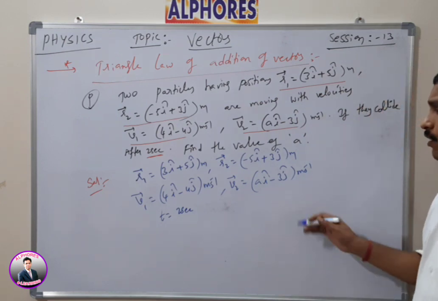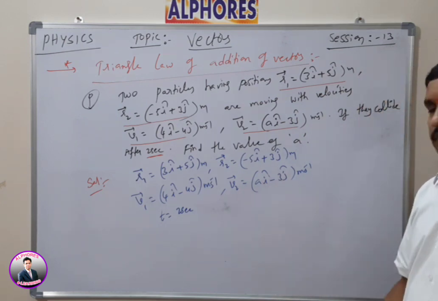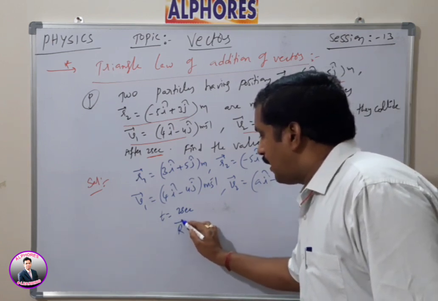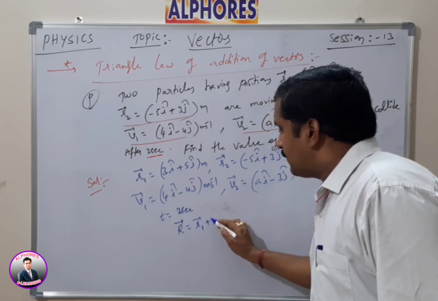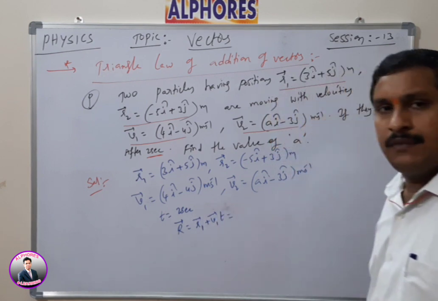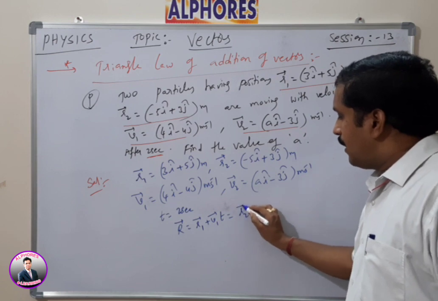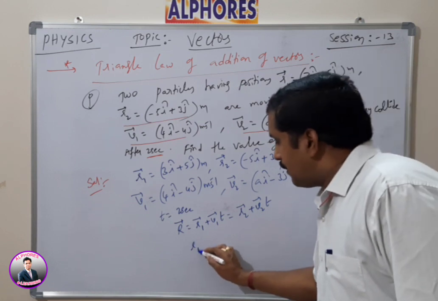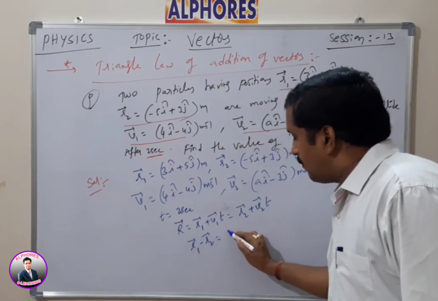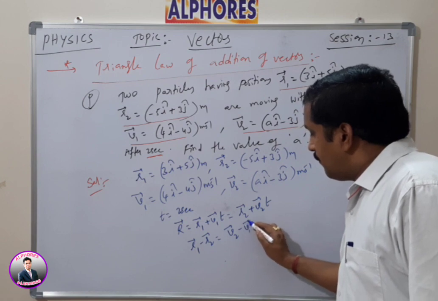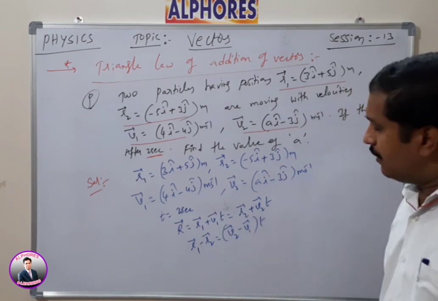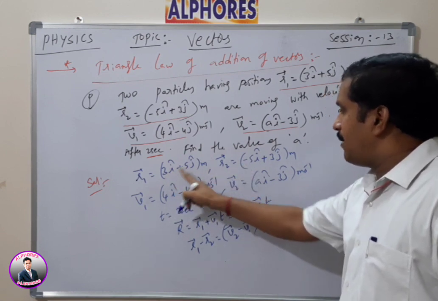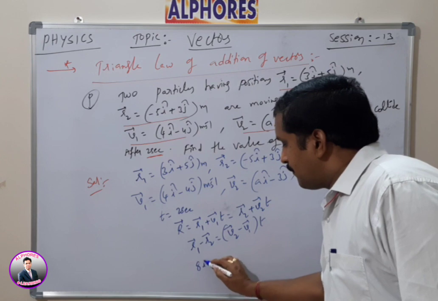Now, in order to find the value of a, this is very simple. What is the condition for collision? R bar is equal to R1 bar plus V1 bar into T, total displacement, is equal to R2 bar plus V2 bar into time T. Now it can be written as R1 bar minus R2 bar is equal to V2 bar minus V1 bar into time T. Now R1 minus R2 means 3i cap minus of minus 5i cap, how much? 8i cap.